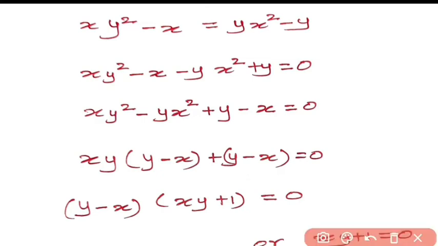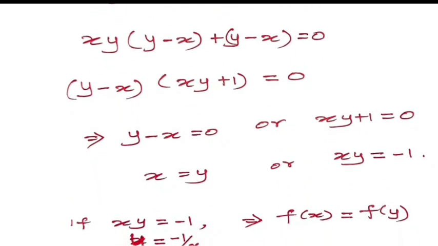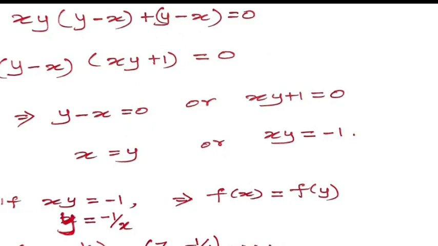In the two terms y minus x is common, so we take y minus x outside, then x into y, and here only 1 is there. Then it becomes x into y plus 1 equal to 0. So therefore y minus x equal to 0 or x into y plus 1 equal to 0, then x equal to y or xy equal to minus 1.